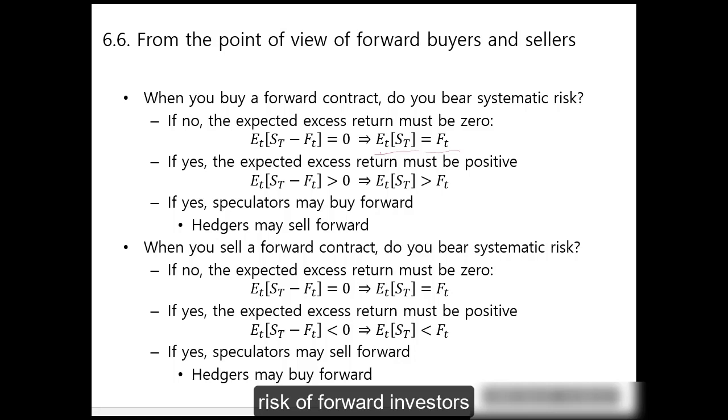Okay, so if you believe that creating or bearing risk should lead to some compensation, then yes, it makes sense that you expect to make profit. So that's the right interpretation of this relationship, but that may not be what you usually think about. Because what someone may think about when they think about a forward position is that this is a fair transaction.